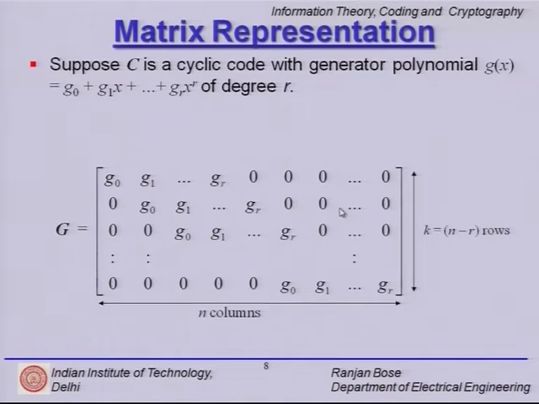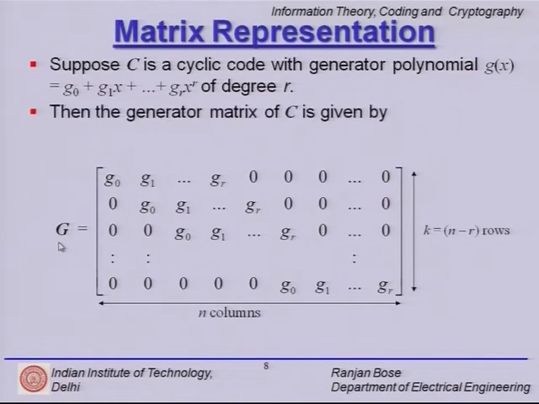The next row, which is a cyclic shift and hence another valid code word, is g0, g1 shifted up to gr, and the remainder is padded with zeros, and so on till k shifts, and we have finally the kth row as zeros preceding g0 up to gr. So, this is a very interesting structure of a generator matrix for a cyclic code.